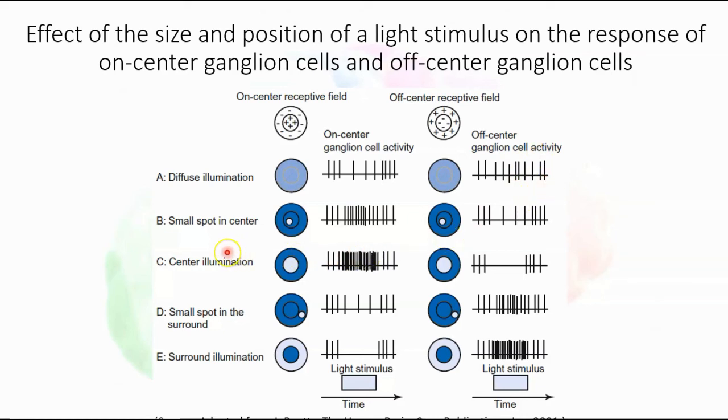We look at another example, which is stimulus C. On-center ganglion cells respond more vigorously to light that fills the center and dark in the surround. If you look at example E, off-center ganglion cells respond most vigorously to dark in the center and light that fills the surround.